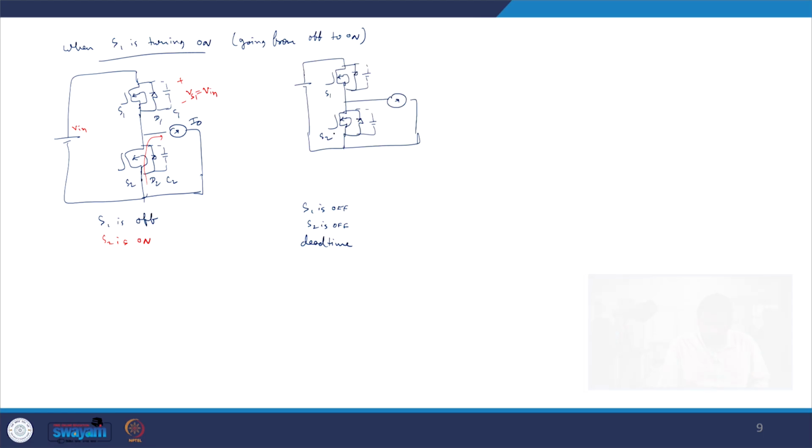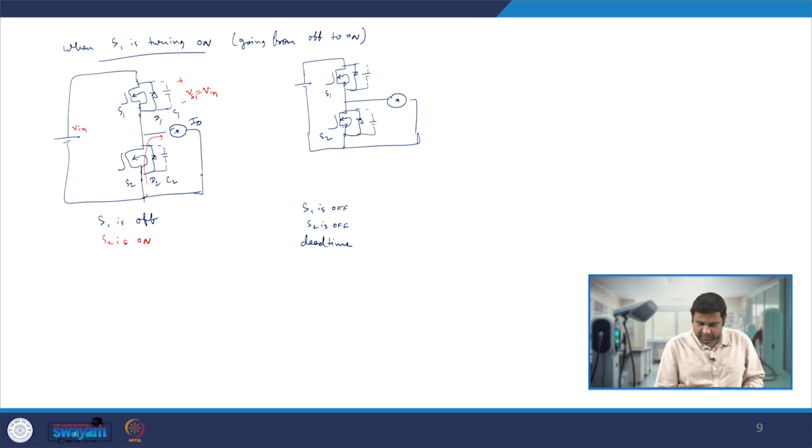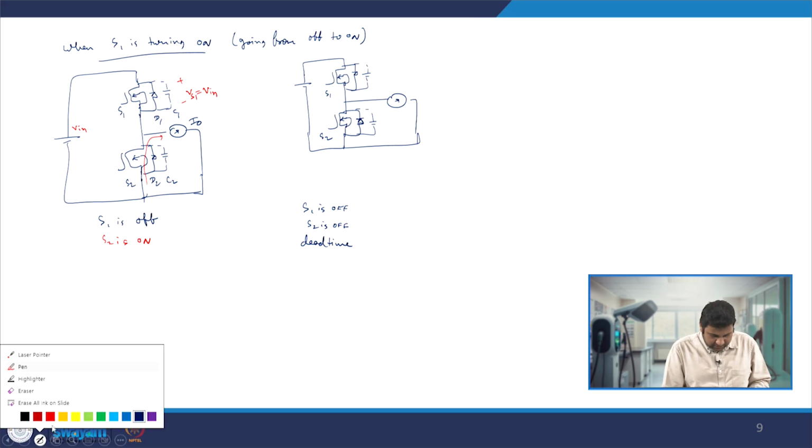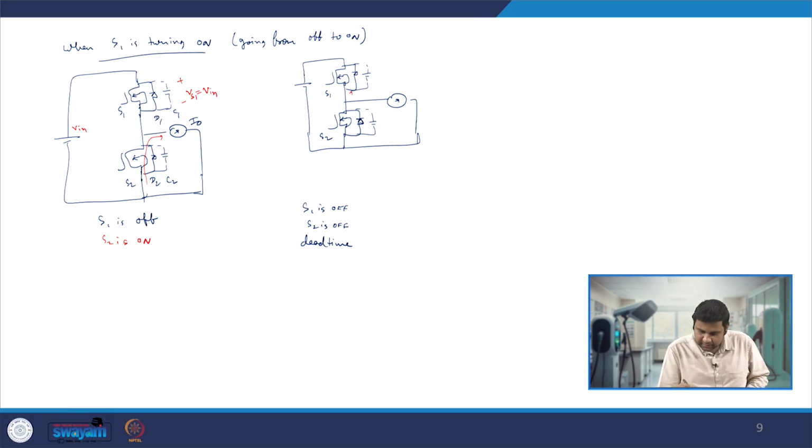Since you have turned off your S2 switch, the channel is no longer there because you have removed the gate pulse. So now, with D1 C1 D2 C2, the current will find a path through the circuit and start flowing through D2, and we can say I naught is nothing but ID2.